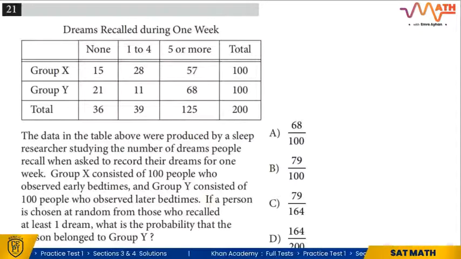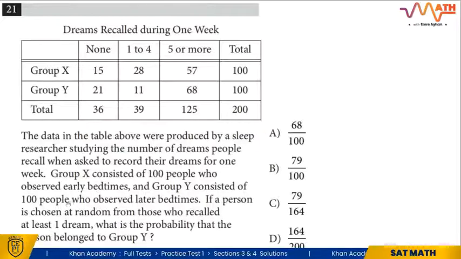Question 21. The data in the table above were produced by a sleep researcher studying the number of dreams people recall when asked to record their dreams for 1 week. Group X consisted of 100 people who observed early bedtimes, and Group Y consisted of 100 people who observed later bedtimes. A person is chosen at random.